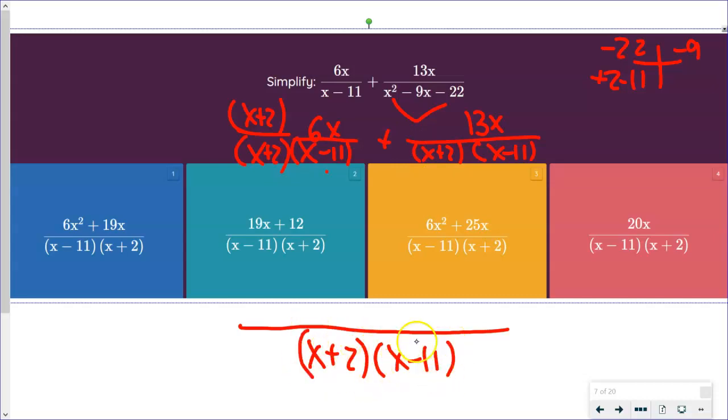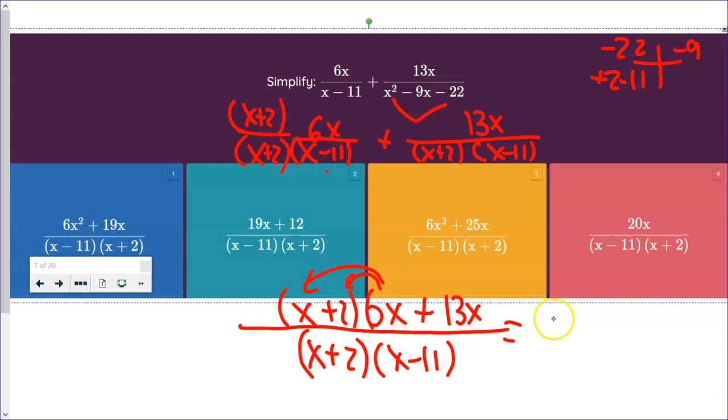Okay? Now, on the top, you're going to put it under 1 into one fraction. You have x plus 2 times 6x plus 13x. You're simply going to distribute the 6x to both. So you are going to get 6x squared plus 6 times x times 2. It's 12x plus 13x.